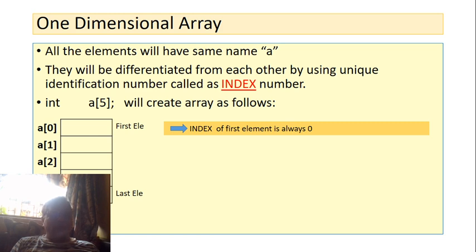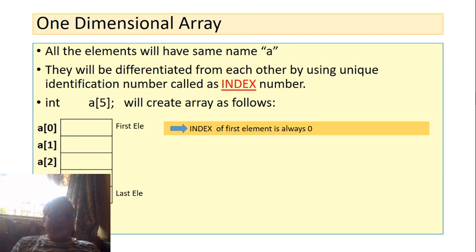You can see the diagram in which I have shown there will be 5 elements. The first element will be identified by using A and 0 as the index number in the square bracket. Second will be identified as A and index 1 in the square bracket. Likewise, last element, fifth element, will be identified by using name A and index number 4 in square bracket.